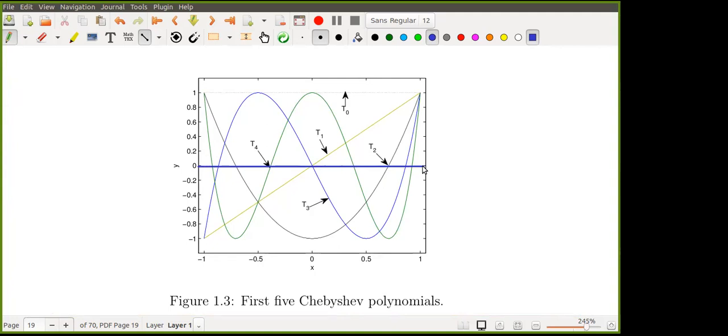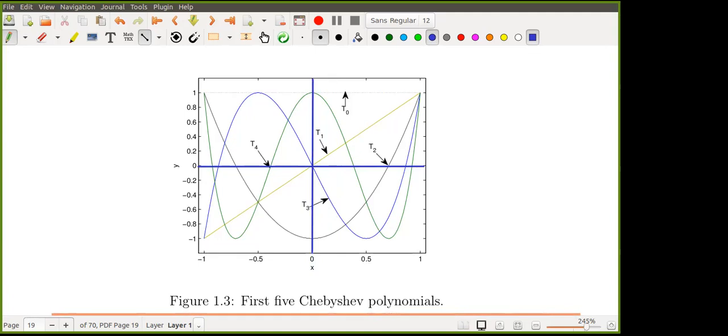And the y-axis is given by this. Now, if you look at the graph, x varies from -1 to 1.